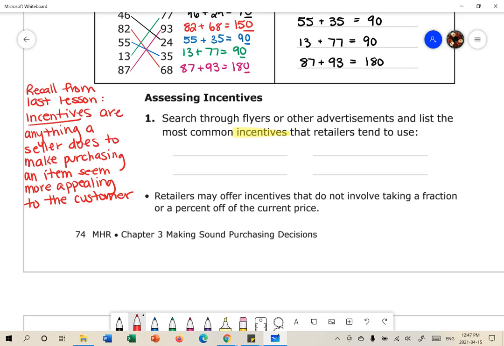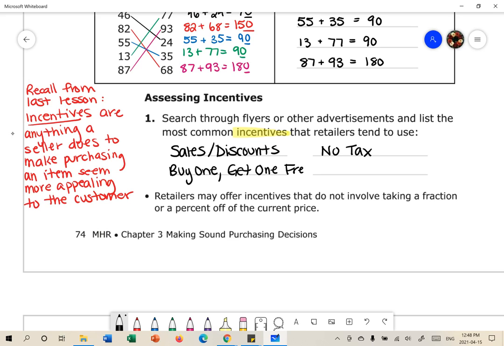I'm going to list 4 incentives: sales and discounts, save the tax, buy one, get one, which is also known as BOGO, and receiving a gift card with a purchase over a certain amount.